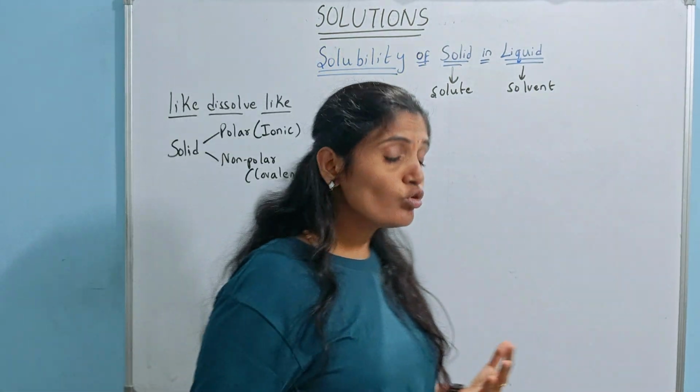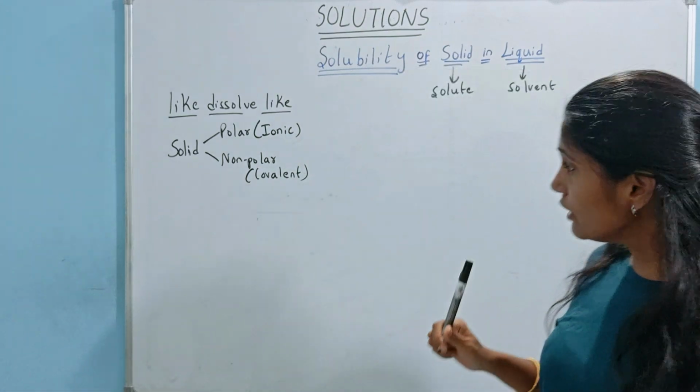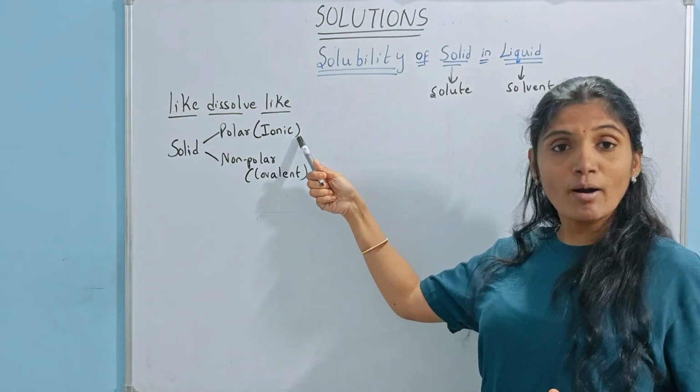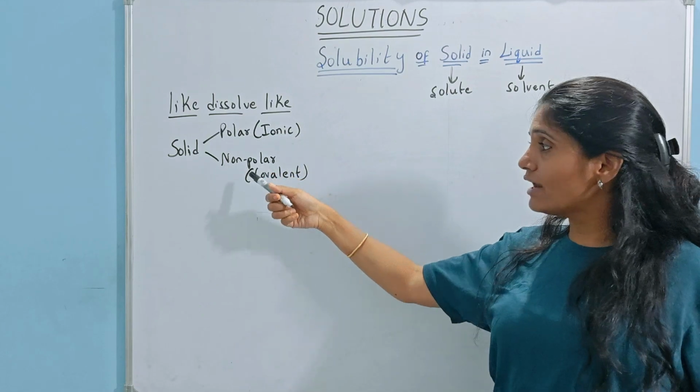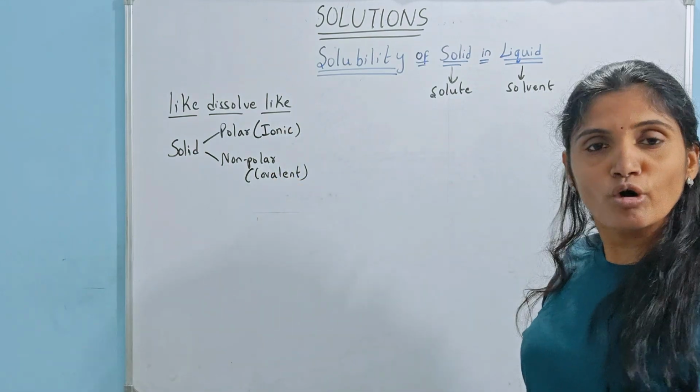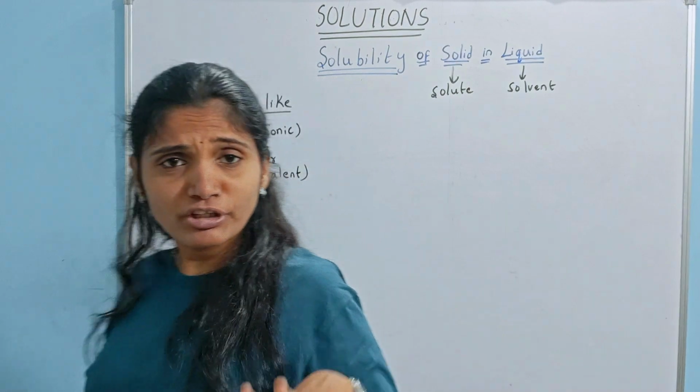Now, when we are talking about the solubility of solids, we need to separately focus on the solubility of ionic or polar solids, and we should also focus on the solubility of non-polar solids.